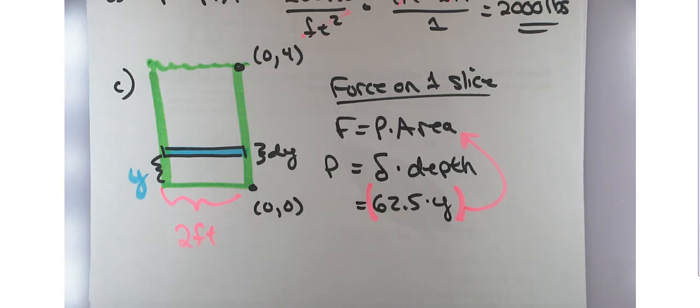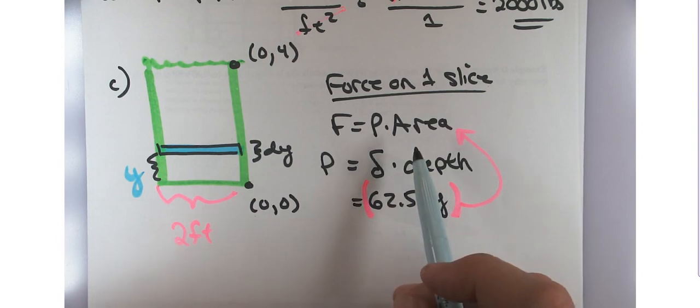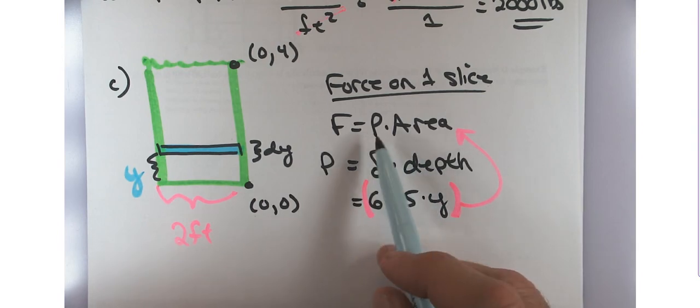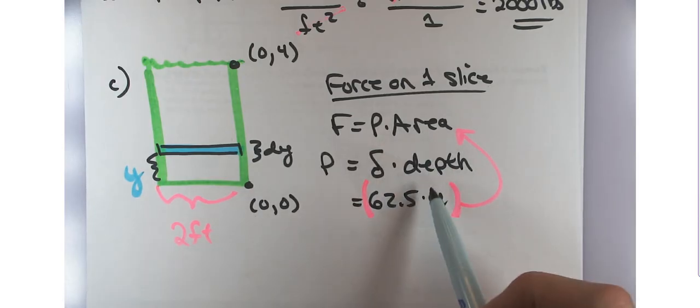Let's see, wait. Getting a little twisted around here myself. Pressure times area. Pressure is density times depth.